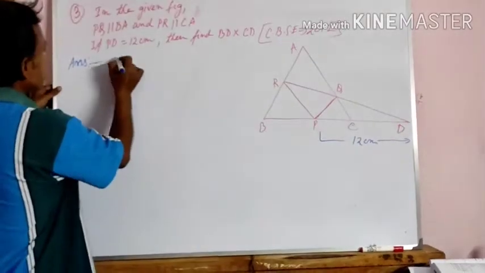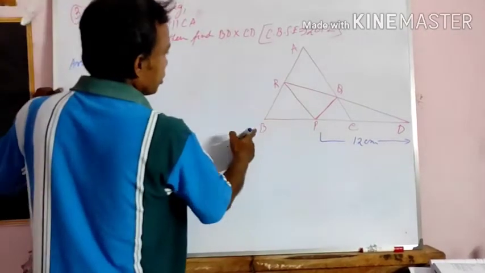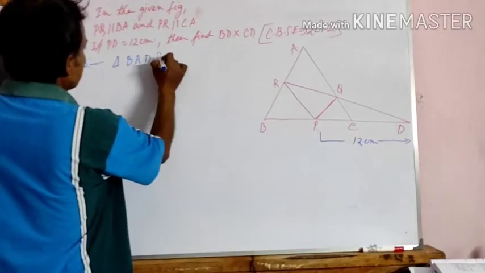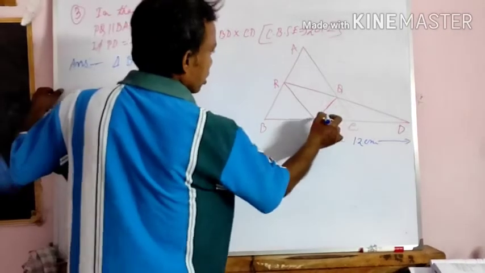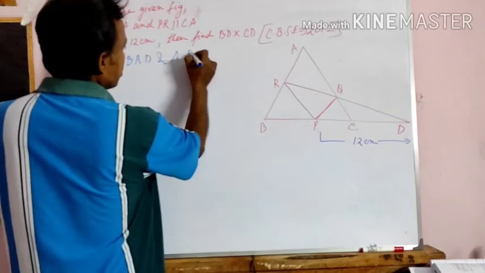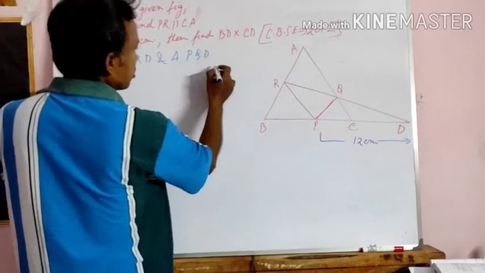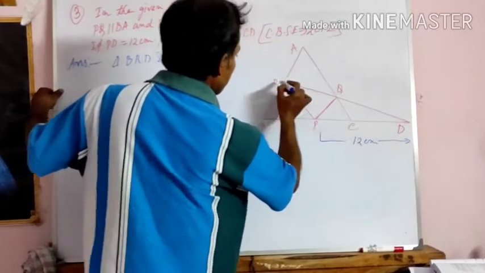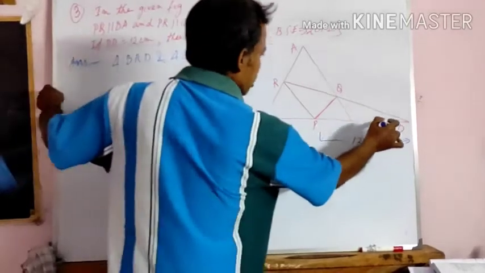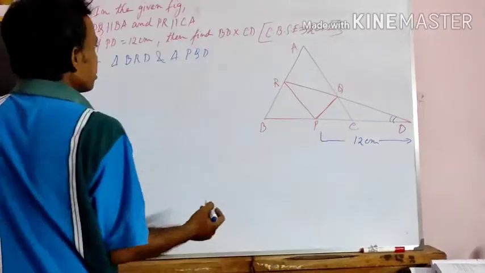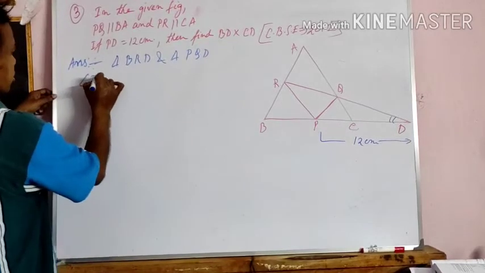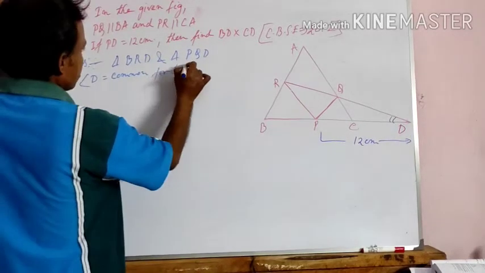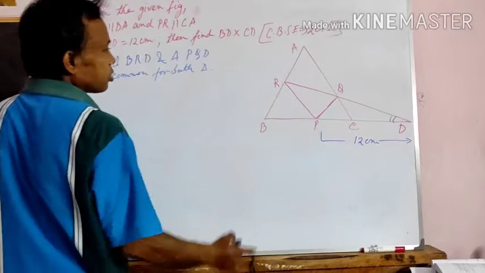So now we take two triangles, BRD and triangle PQD, that is DQP and DRB. Here angle D is common for both triangles.